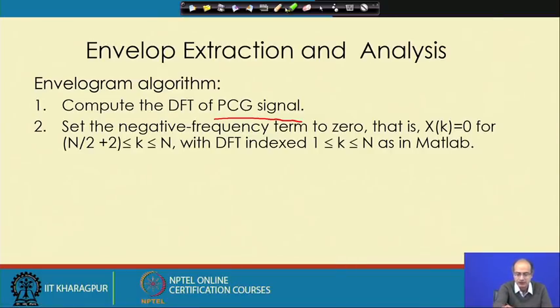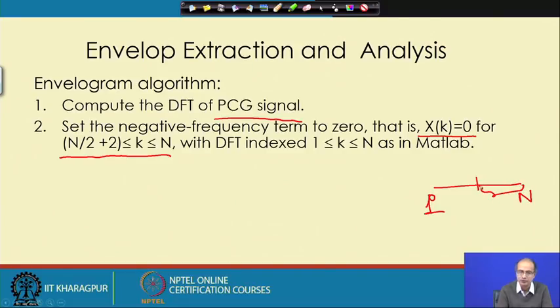So X[k], the DFT, we force to 0 for the coefficients between n by 2 plus 2 to n. That means, if we take the terms from 1 to n, half of it we are forcing to 0.